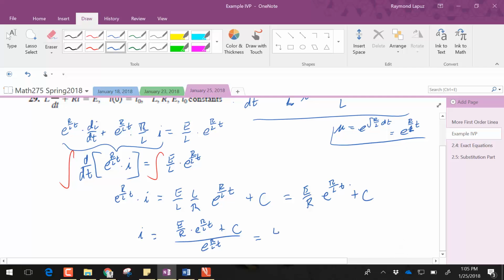And so we have E over R, and then these things would cancel. And then I have a C times e to the negative R over L t, with a negative power so that it can be written up in the numerator. And then you can also identify, as t gets larger, this thing goes off to 0. So this is a transient term.